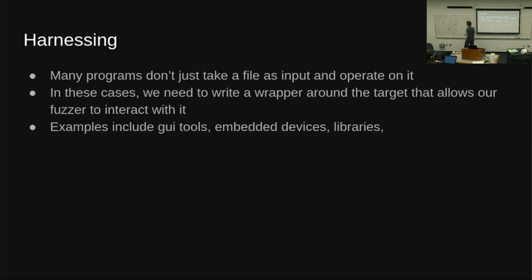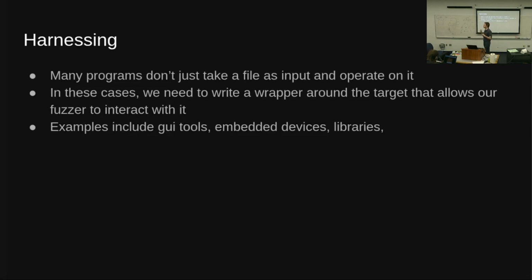Or the simplest case is maybe it's just a library. You can't just run the target, but you need to invoke the library. So in your harness, you call the target's library functions using the randomly generated input. Basically, you do whatever you have to do to give the target your randomly generated input in ways that it accepts it. Sometimes it's very easy, just give it a file. Other times it gets a lot harder.